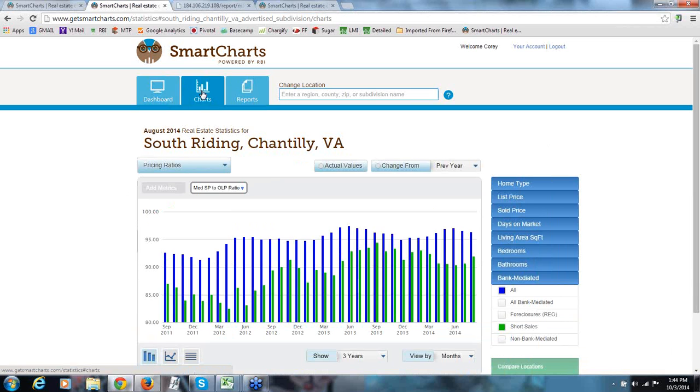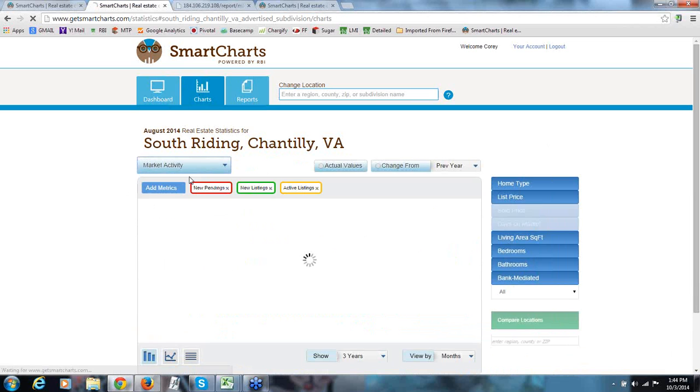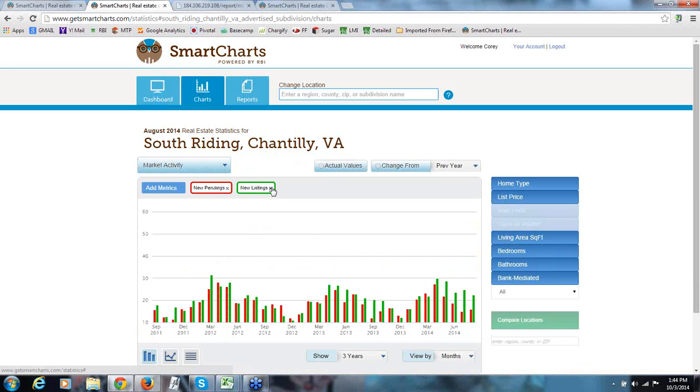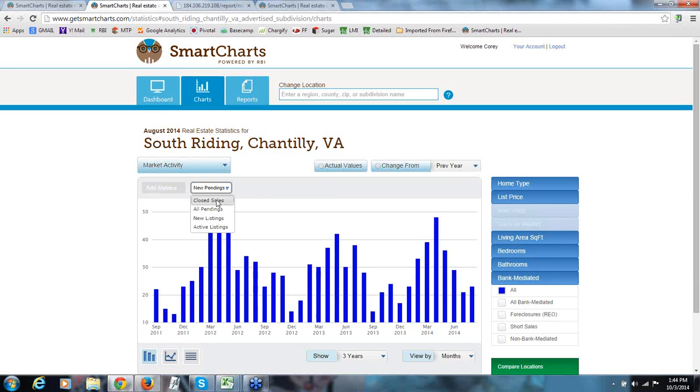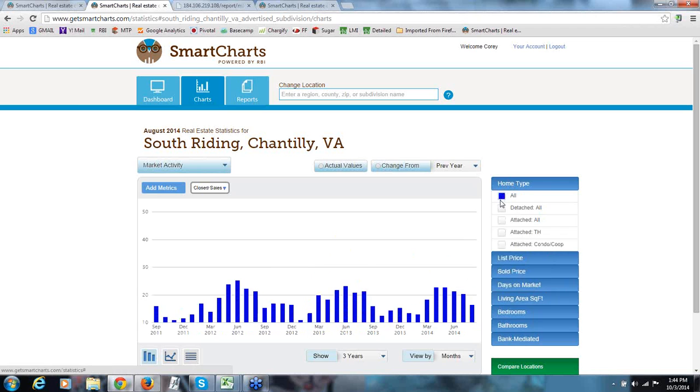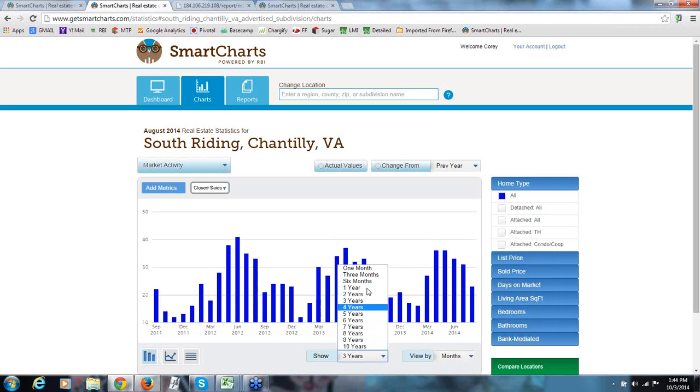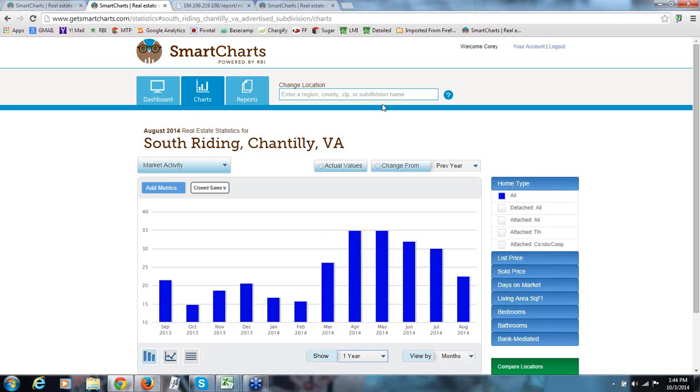When I clicked on the charts, the default view was that market activity chart. So I'll get it back to where it would have been in the 1-year view. It's all within this charting space. That's how you get to all the different metrics and time ranges and home type facets, etc. from here.